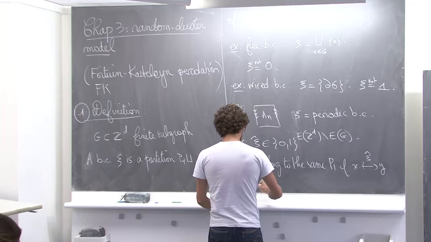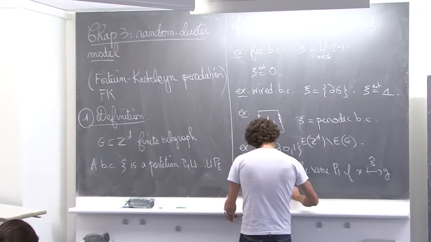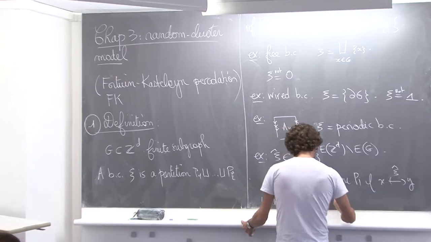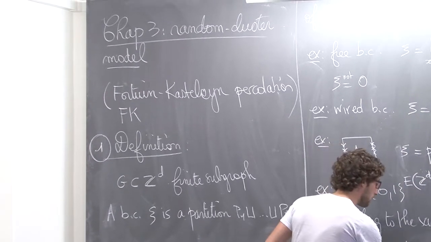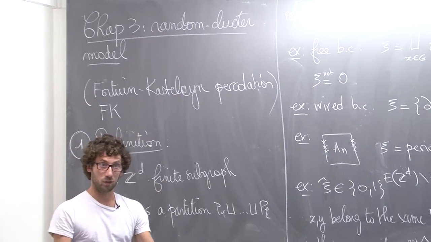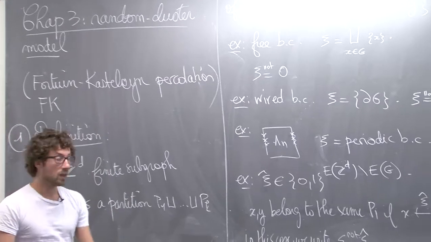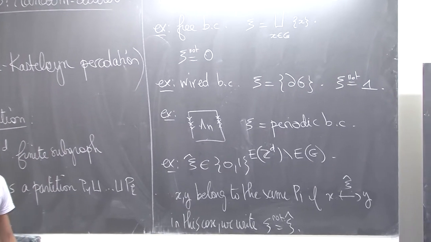And in this case, we write psi equal psi hat. We identify the boundary condition with the percolation configuration that induces it. Do you understand now why psi equals 0 for free boundary conditions?